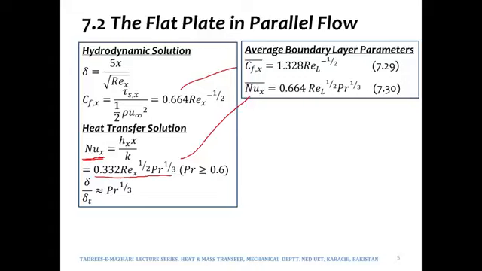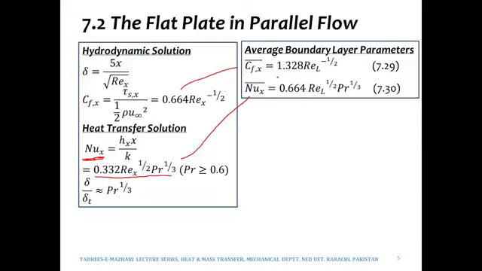And you would have figured out by now that the average expression for Nusselt number is in fact twice the expression for local Nusselt number, but it is only for the laminar flow over the flat plate.